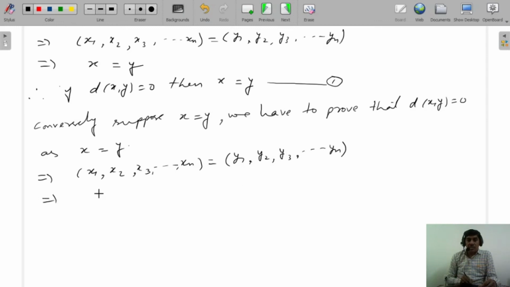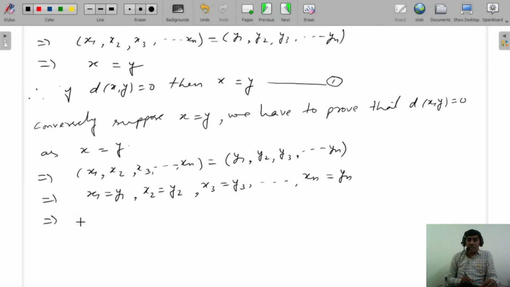This implies x1 is equal to y1, x2 is equal to y2, x3 is equal to y3, and so on, xn is equal to yn.